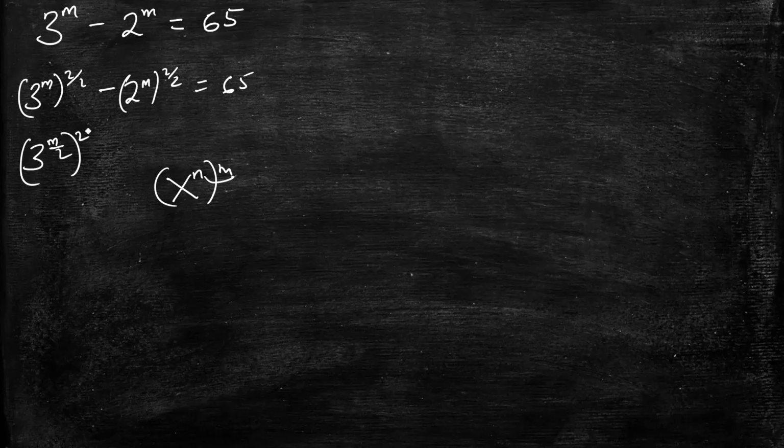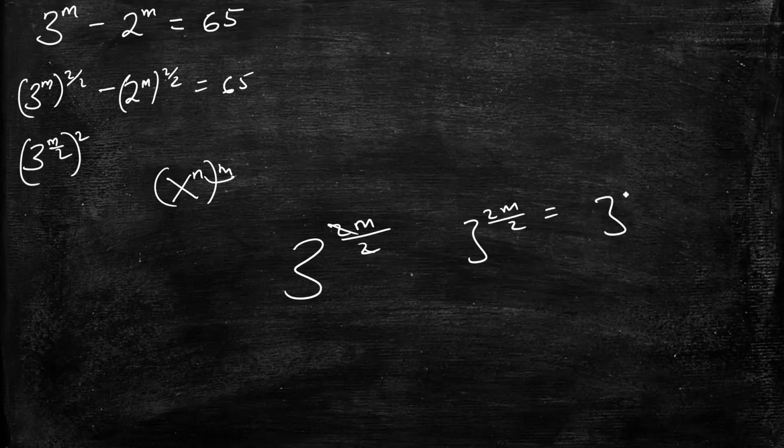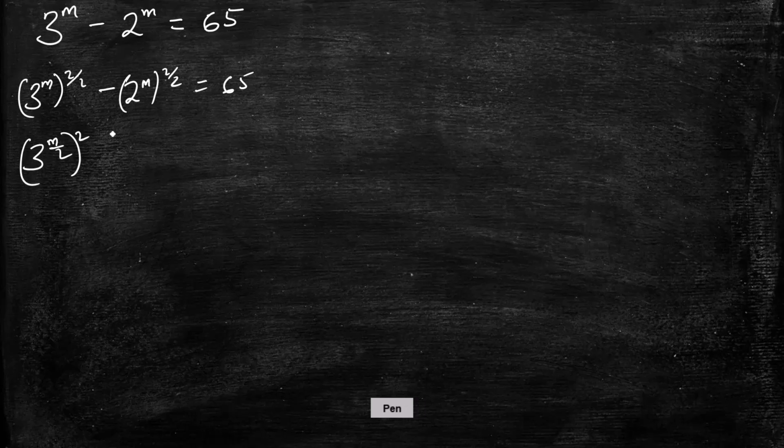Now in going back, the power will be 2m on 2, so this one will cancel that. So 3 raised to 2m over 2 is the same as 3 raised to m on 2 all to the power 2. Okay, move on with the other one.